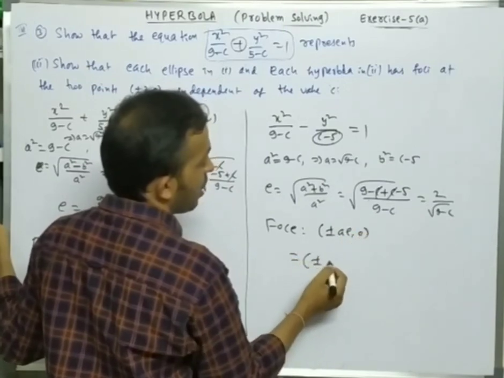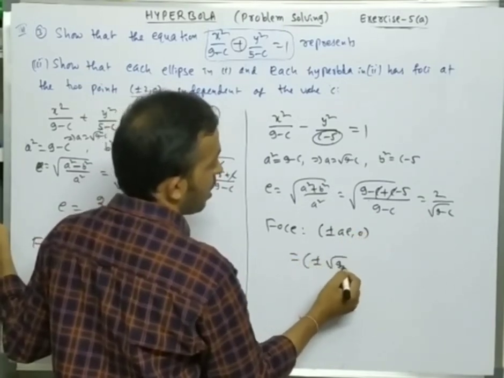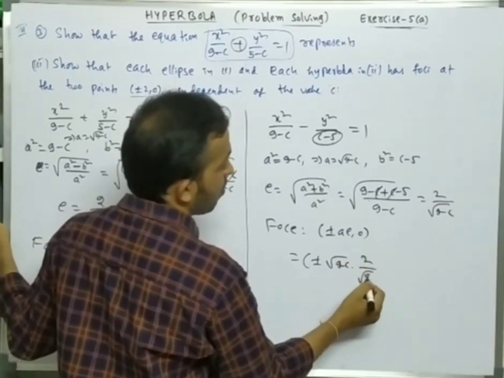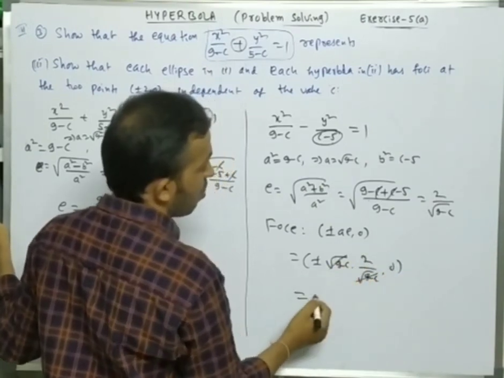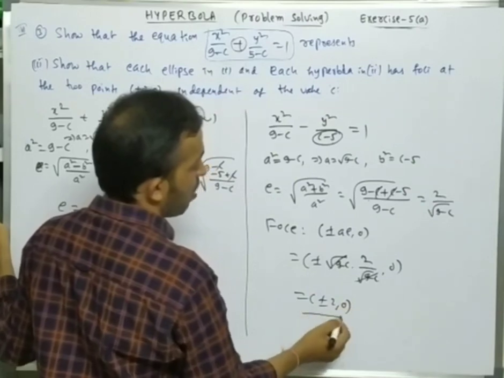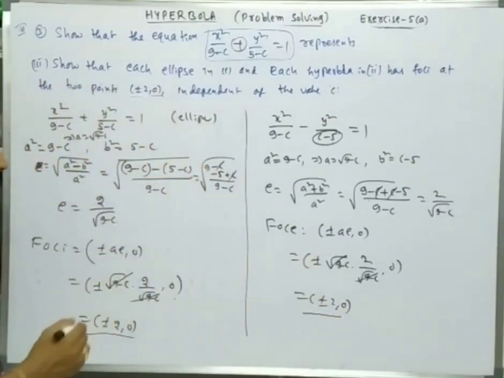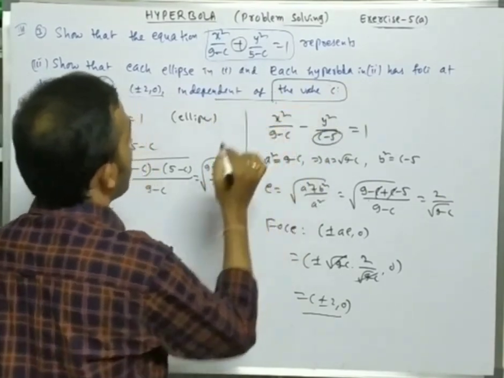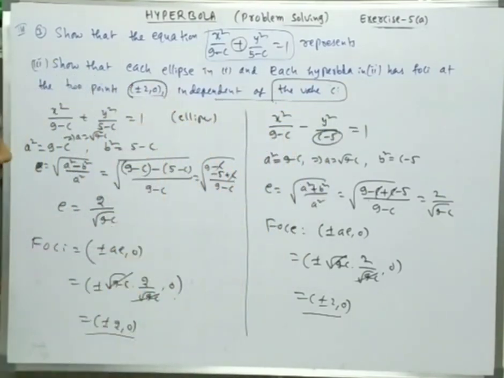So plus or minus root 9 minus c into 2 by root 9 minus c, comma 0. So again we got plus or minus 2, comma 0. Therefore in these two cases it is independent of the value c. In both cases we got the same foci.